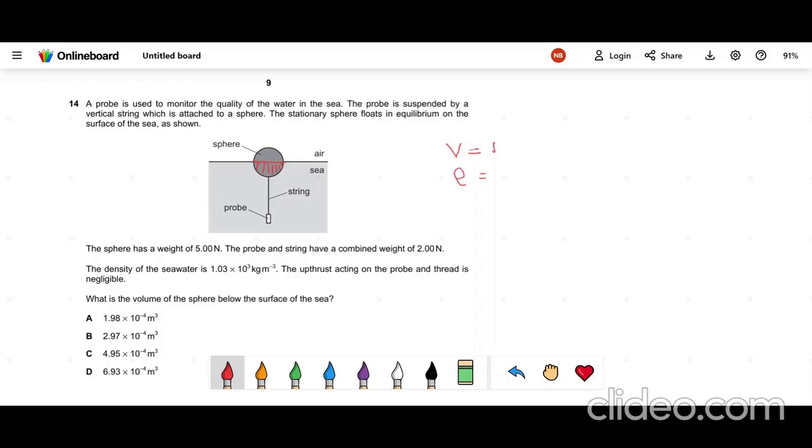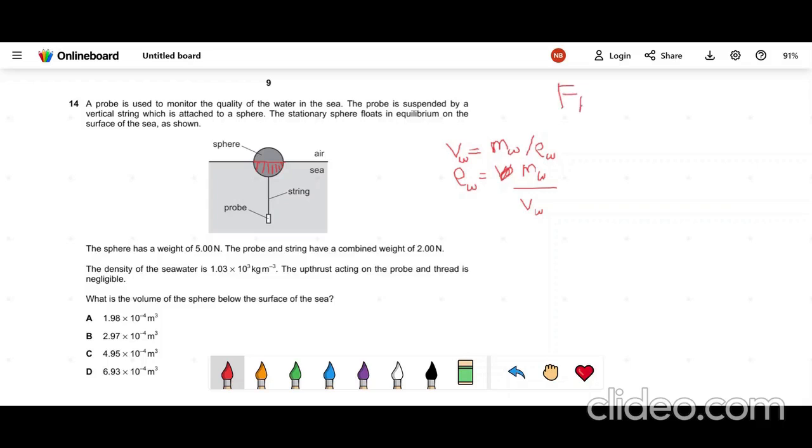Density of water is equal to mass of water divided by volume of water, so the volume of water we can calculate as mass of water divided by density of water. Density of water is given, but mass of water is not given. So how much water has been displaced by the sphere? That will be equal to the buoyancy, which we can calculate using the buoyancy force.